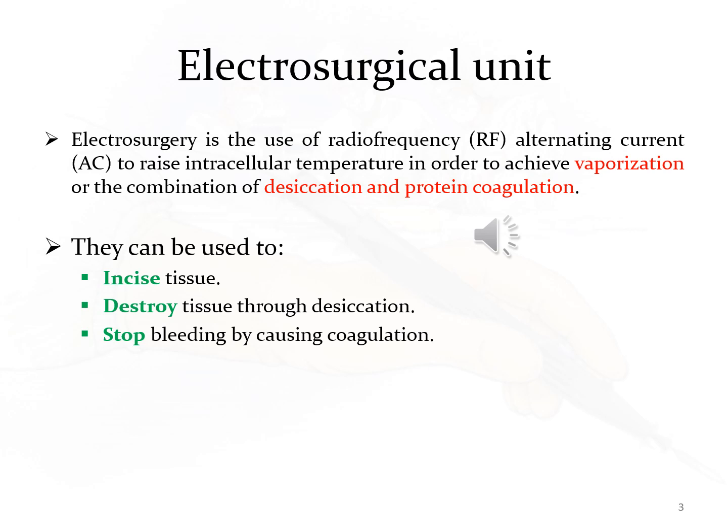Electrosurgical units, or ESU, use a high-frequency electrical current to cut tissue and control bleeding by causing coagulation. Coagulation, also known as clotting, is the process by which blood changes from a liquid to a gel, forming a clot.